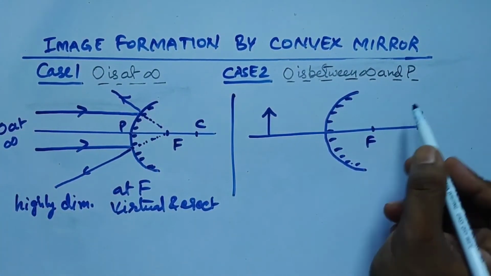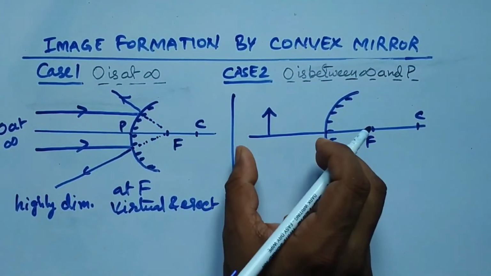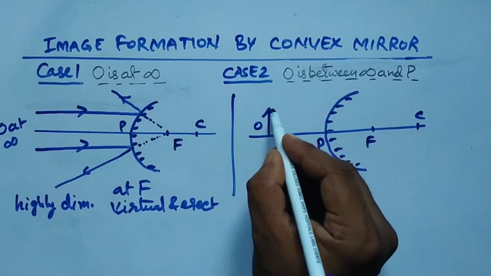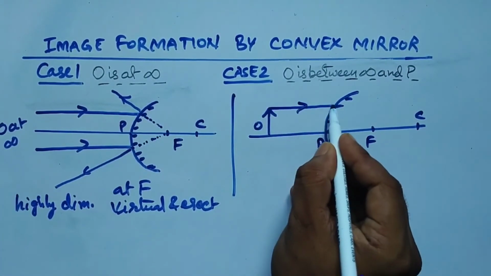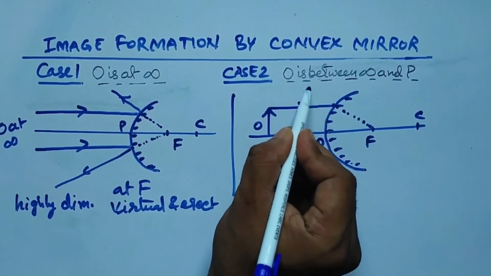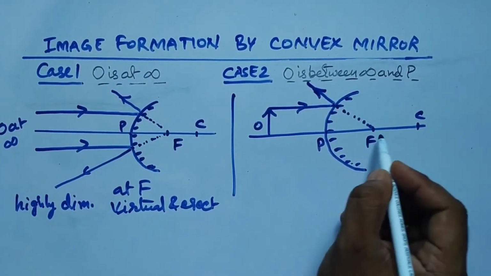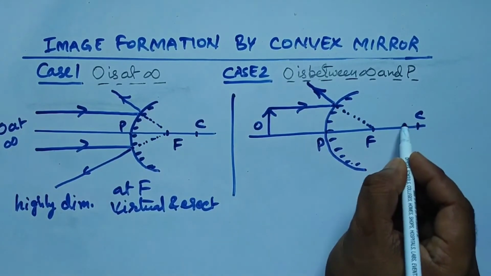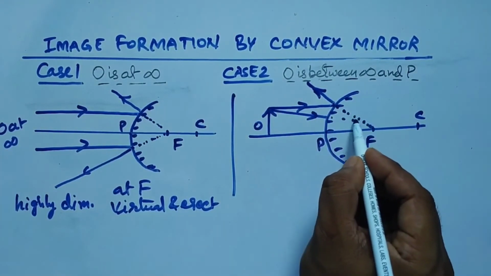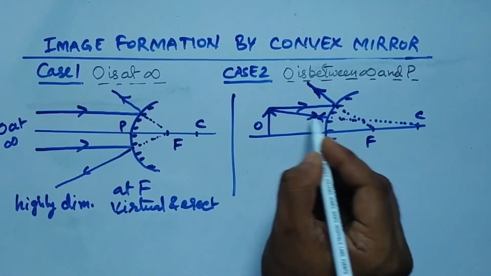Now the second case is when object is between infinity and pole, that is, this is pole and this is infinity side. So anywhere between infinity and pole an object is kept, then again we'll take the two standard rays. One will be parallel to the principal axis. After reflection it will diverge in such a way that it will appear as if it is passing through the focus. And another standard ray that is trying to pass through center of curvature will revert back in the same direction.